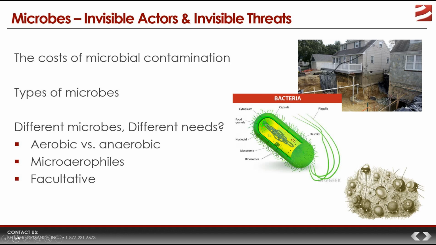In fact, we can classify them further based on how they use their environment, whether they get their energy from light or from breaking down chemical compounds. In order to get the carbon that they need, do they break down organic molecules or do they use gases like carbon dioxide? Now, and this is important to understand, in a given fuel tank you can have thousands of different kinds of microbes, and they're all living symbiotically.